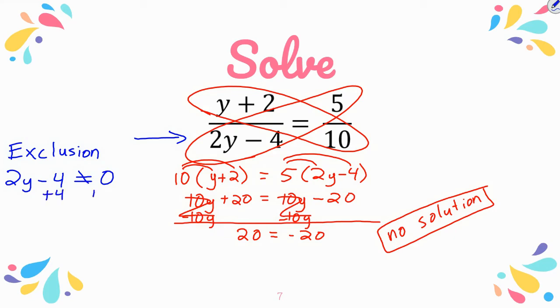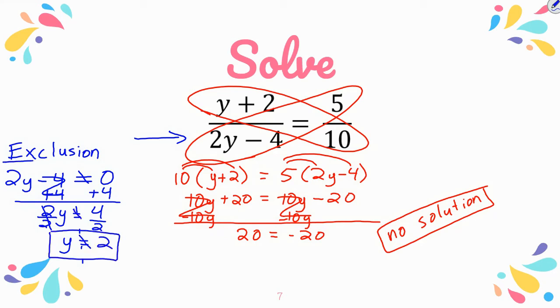So we'll add 4 to both sides, leaving us with 2y equals 4. Divide both sides by 2, leaving us with y cannot equal 2. So our exclusion in this particular problem is that y cannot equal 2.